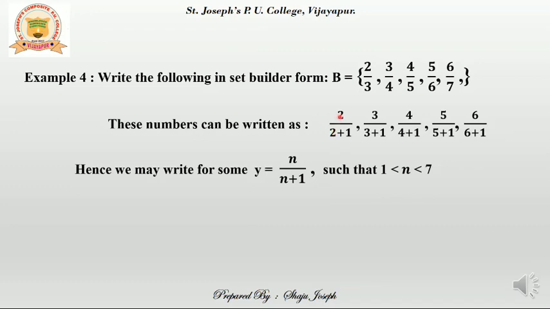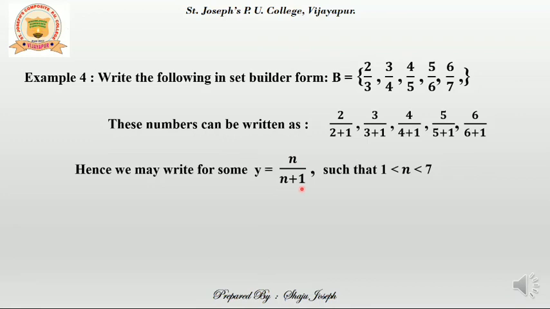See, the relation between the numerator and denominator is such that any number you take in the numerator, the denominator should be 1 more than the numerator. So I take n. You could take m or any other letter. I am just taking n because it's a natural number that we are seeing in the numerator and denominator. So n is a number in the numerator. The denominator will be 1 more than n, so we can write it as n upon n plus 1.